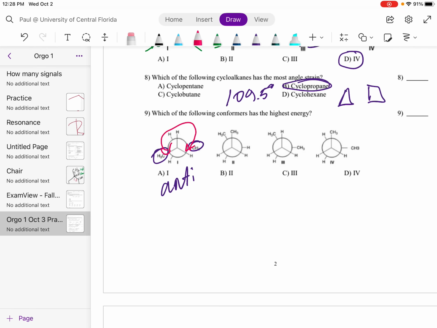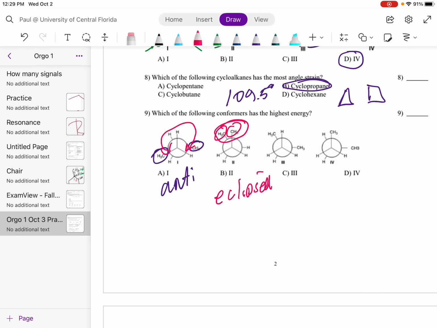Okay, so now we have, I think they're trying to represent that as eclipsed. And the two methyl groups are eclipsed. These two methyls right here. Let's look at that issue there.